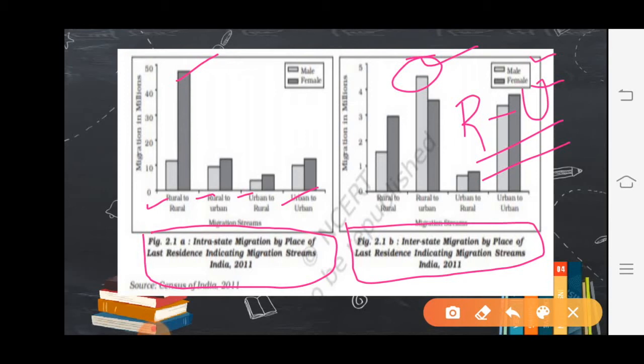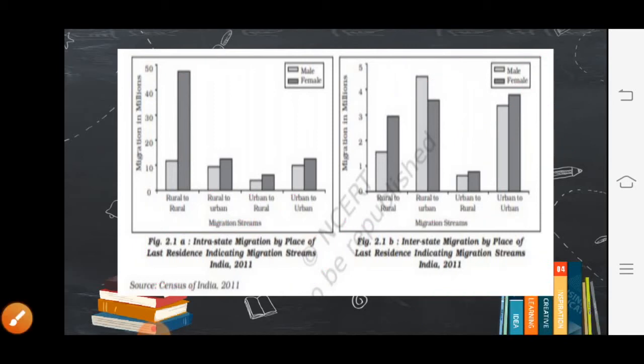So in interstate migration, it's the males migrating in larger numbers, and in intrastate it's the females who are migrating in larger numbers. I hope this particular multiple bar diagram makes things clear for you all.